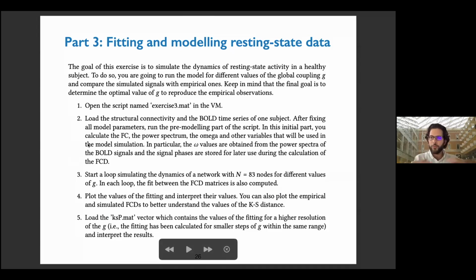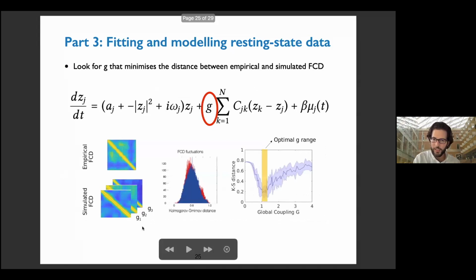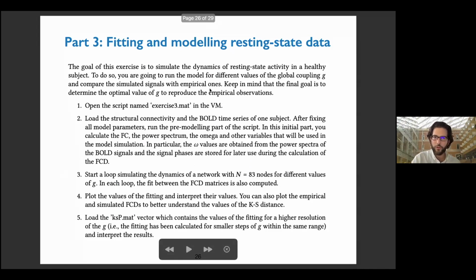So we first compute some properties that we will need to later simulate data, simulate the empirical signals. Then we are going to try with different values of G and compute the KS distance for each of these G values. I think in particular, we try with 4 values of G, and then we will do this plot. So basically this plot that I showed here. And now I give the floor to Anne.